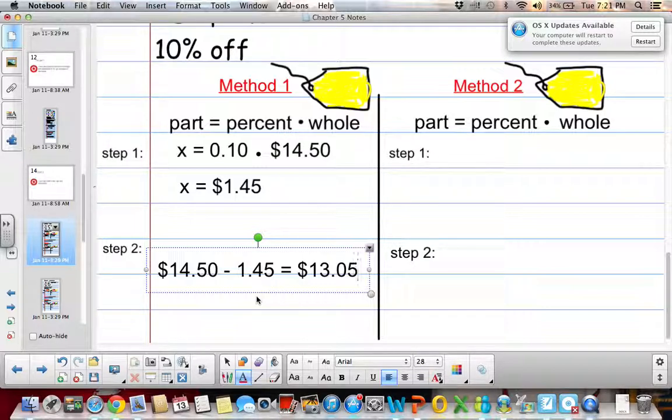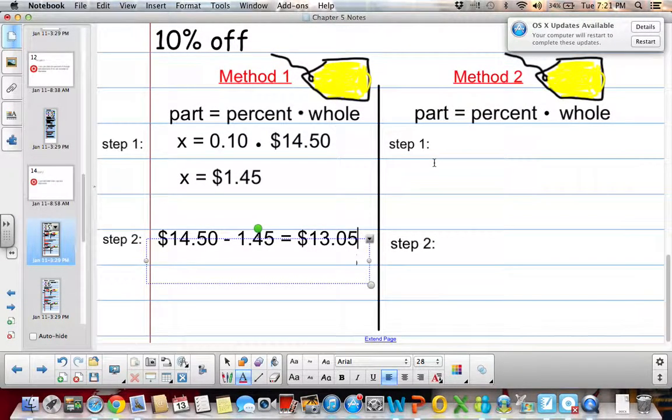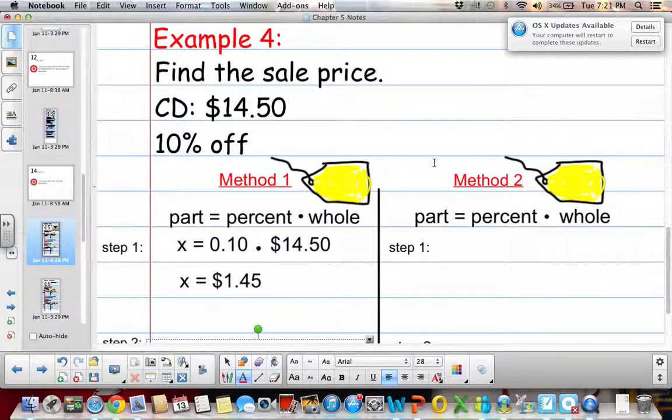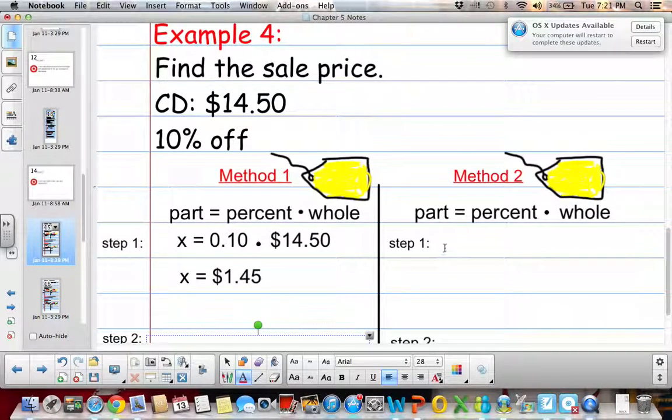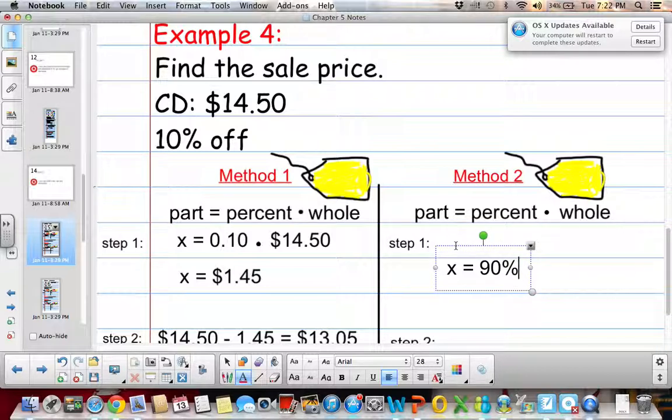For method 2, if we think about it the same way, we're taking 100% of the CD, but we're subtracting 10% of it. So instead of adding it on, we subtract it from 100%. Our new equation is x equals 100% minus 10%, so we have 90% times 14.50.